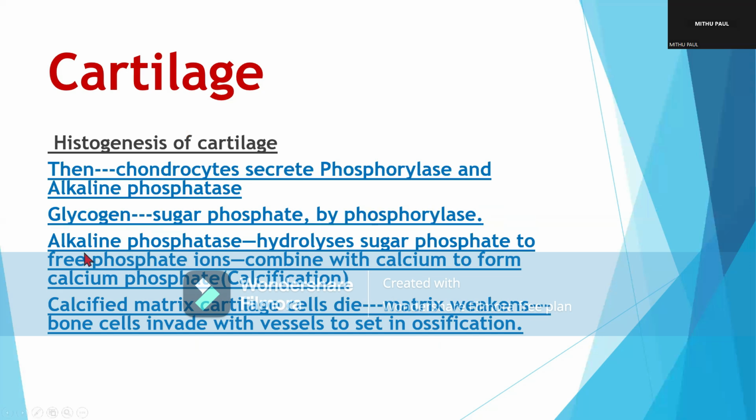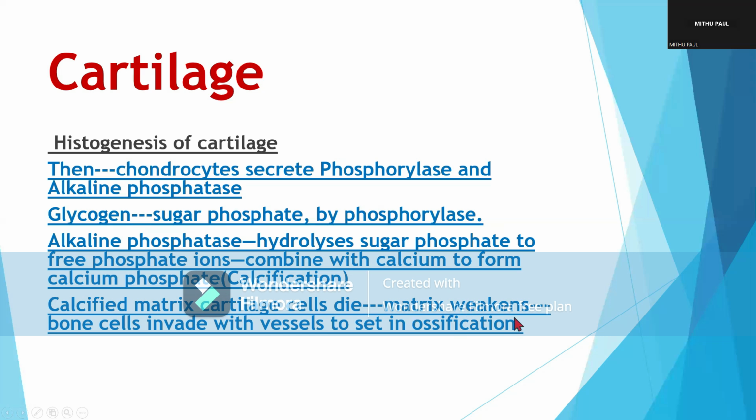After that, alkaline phosphatase present in the same chondroblast hydrolyzes the sugar part of this sugar phosphate, and now the phosphate ion is released. These phosphate ions combine with calcium to form calcium phosphate, and that is the process of calcification. Now, in the calcified matrix, the cartilage cells die and the matrix weakens.